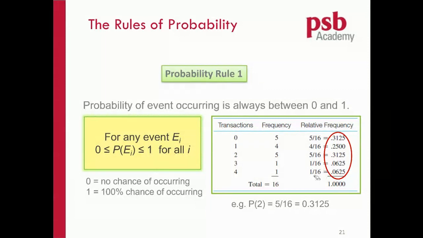So they are all fractions. The last one, 16 over 16, will be 1. So from there you can find out the probability you get 2 transactions done, 5 out of 16. So you get a 31.25% chance.